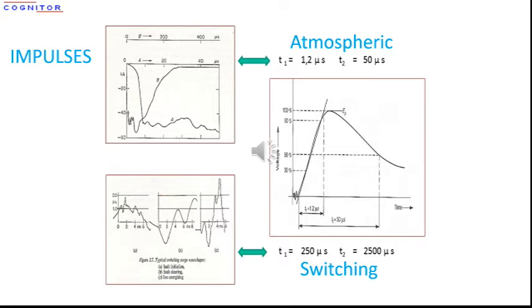For the atmospheric impulse waves, the normal shape of the wave applied during impulse tests is the wave 1.2 by 50 microseconds, as you can see in the figure. The front of the wave has a duration of 1.2 microseconds, and 50 microseconds is the duration up to the point that the voltage returns to 50% of its value.